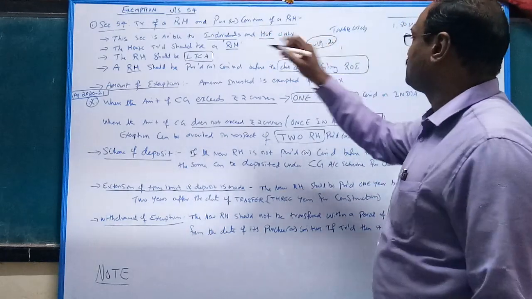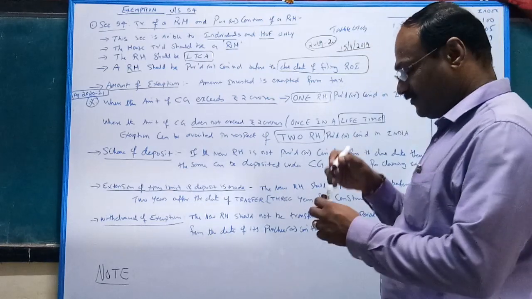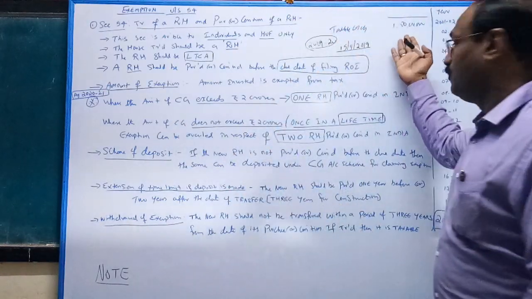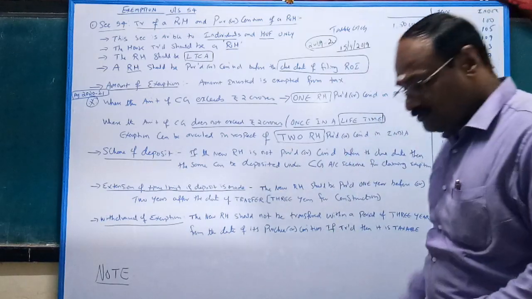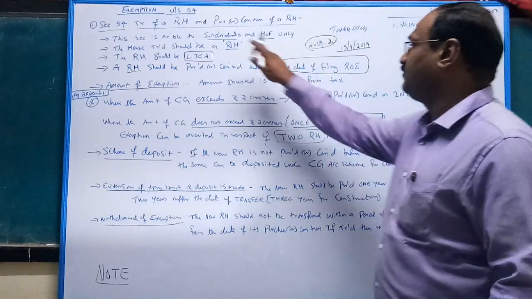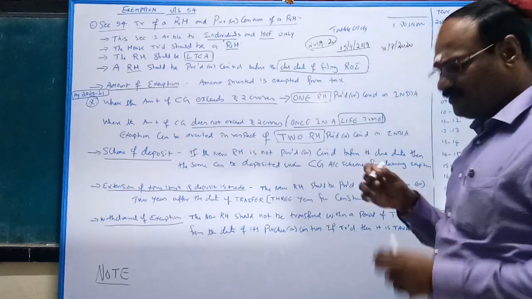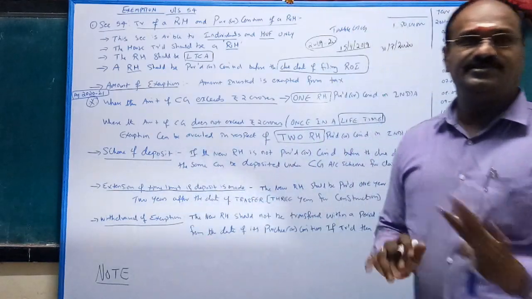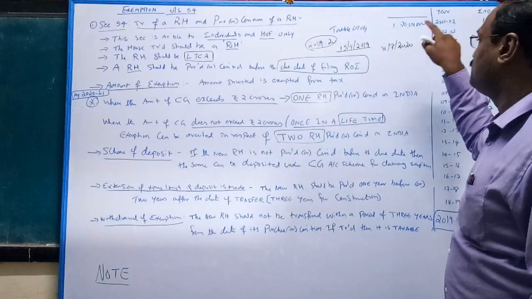Suppose you transfer the residential house on 15/11/2019, and a gain of say 1 crore 50 lakhs arises. The due date of filing return for an individual is 31st July 2020. Of course, tax audit is a separate case; we will discuss later. In general, for individual and HUF, the due date of filing return is 31st July 2020.